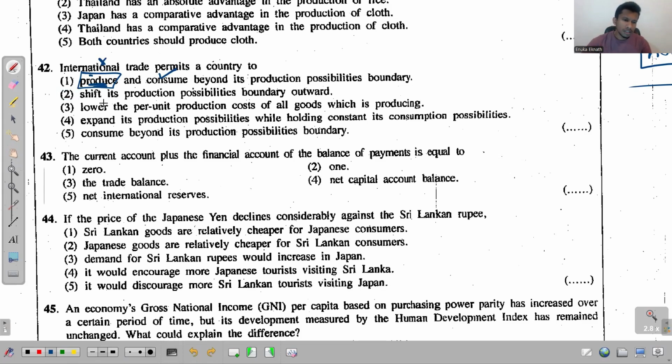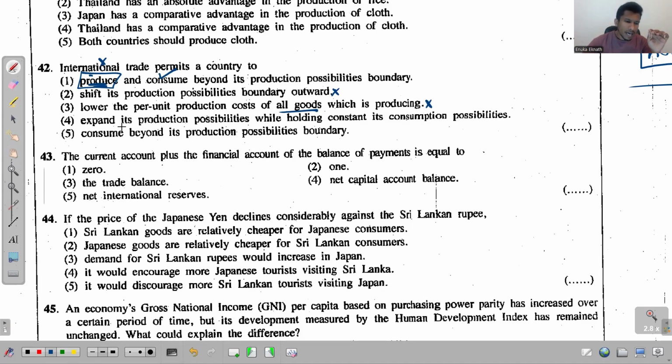The second option says shifts its production possibilities boundary outward, which is not 100% certain. The third one, lower the per unit production cost of all goods which it is producing. It doesn't ensure, just because the countries get engaged in international trade, import and export, that they can produce all goods at a lower cost, which is again wrong.